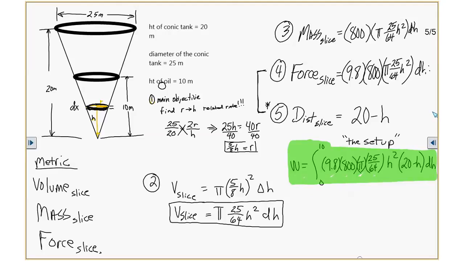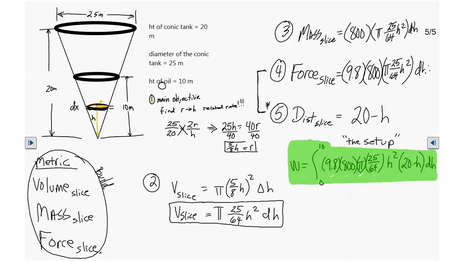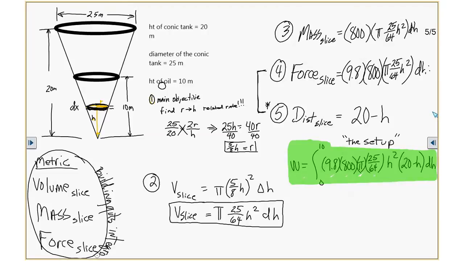The first thing you find is your relationship. The second thing you find is your volume. Third, math. And this part right here is building the guts of your integral, of your setup.